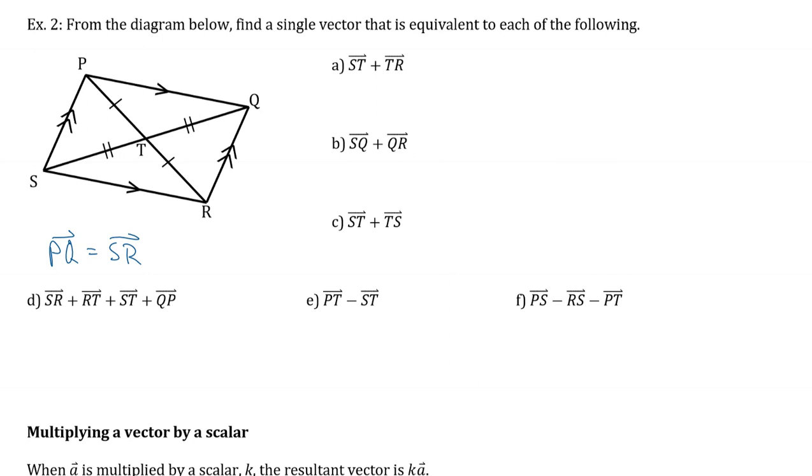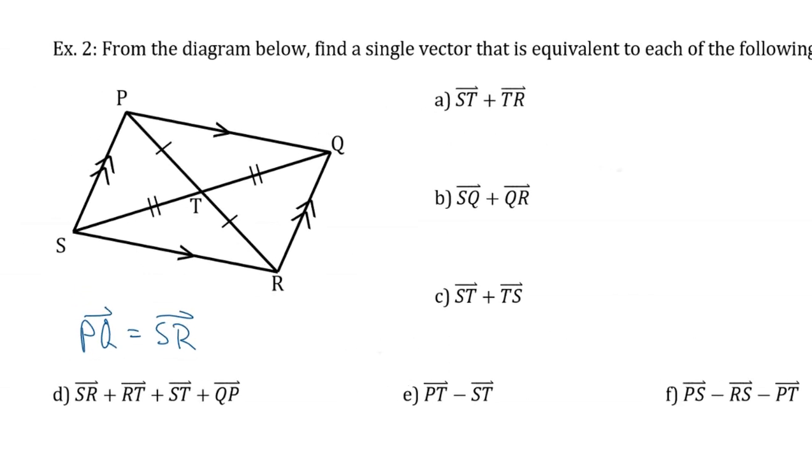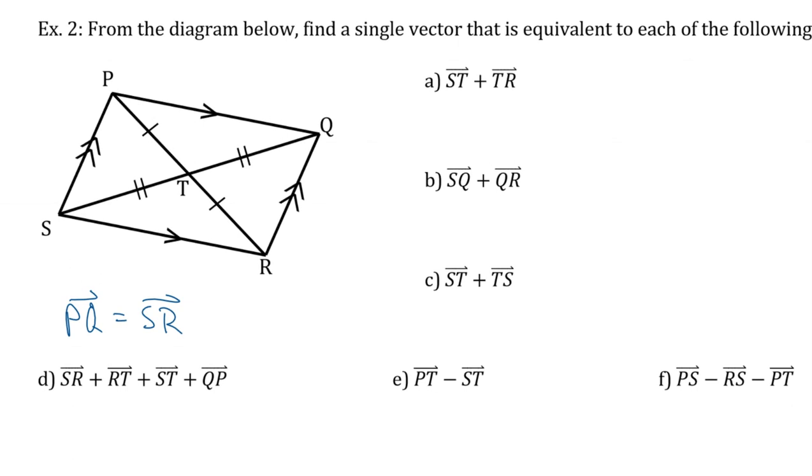So let's take a look at some of these. Find a single vector that is equivalent to each of the following. So from S to T, now I can do this easily. From S to T is that vector, and then from T to R is that vector.